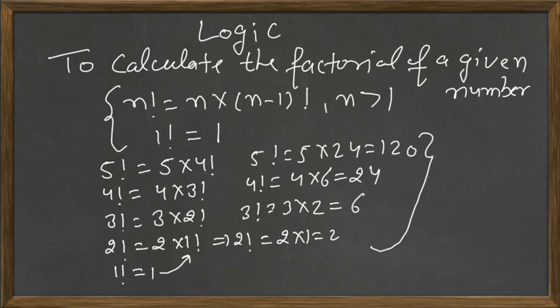Here we see that every time the number n is reduced by 1, and in the end 1 factorial is equal to 1 is used and the values are back substituted. This is the logic behind the factorial calculation using the recursive definition.